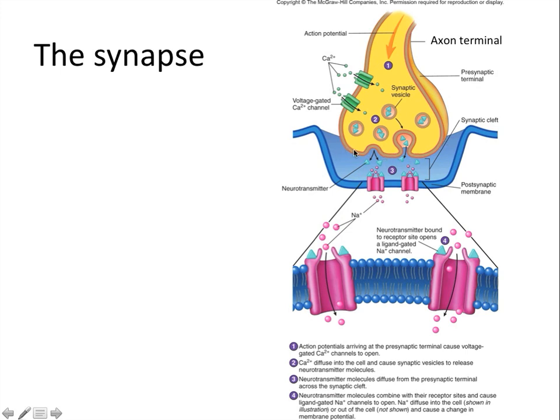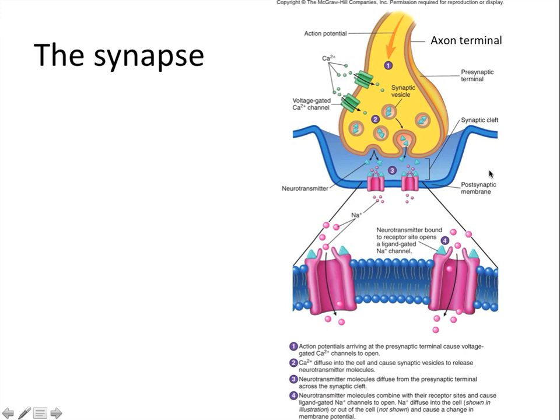What happens when the synaptic vesicles bind to the presynaptic membrane is that neurotransmitters will be released, and these neurotransmitters have previously been housed within these vesicles. So when the neurotransmitters get released into this area, called the synaptic cleft, they diffuse down towards this membrane, and this membrane is referred to as the postsynaptic membrane.